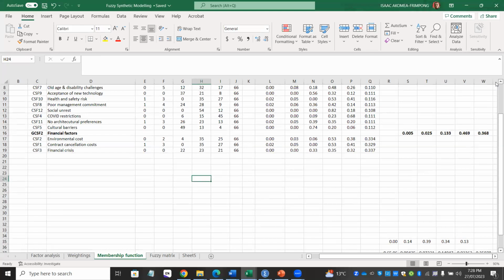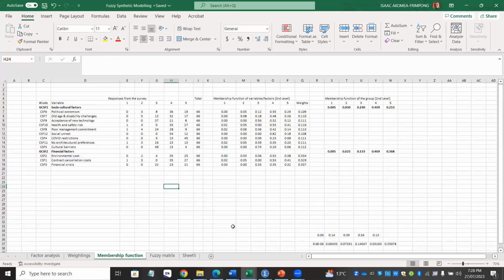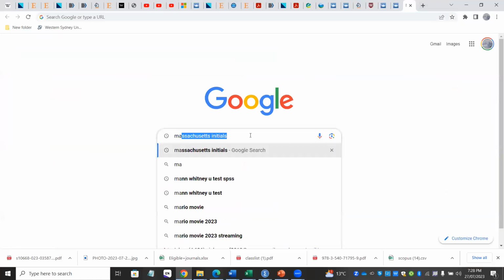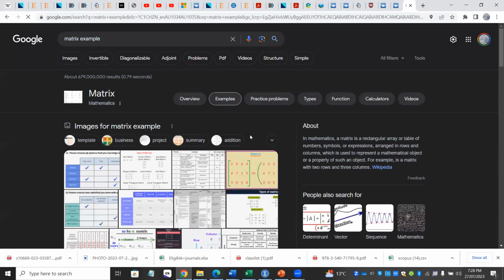So let me put a matrix down for you, so that let me show you the matrix. I think some of you have done matrices before. Let me show you just an example of a matrix function.